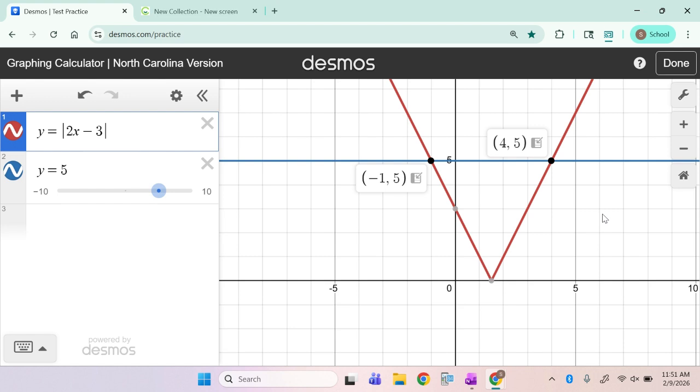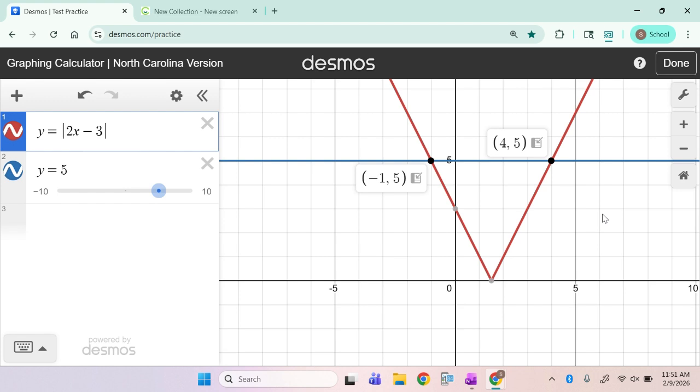So if I solve that equation, absolute value 2x minus 3 is equal to 5, what do you think it will come out to be? What are the x values of the points? -1 and 4.